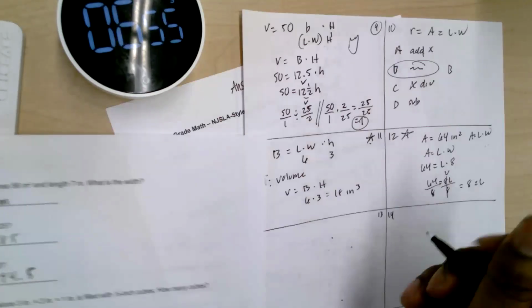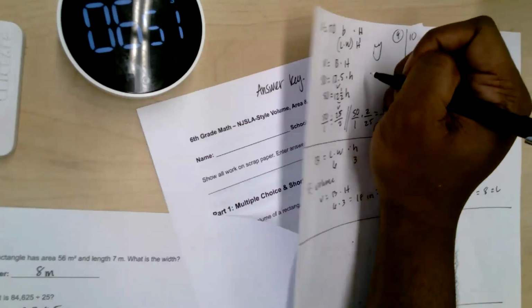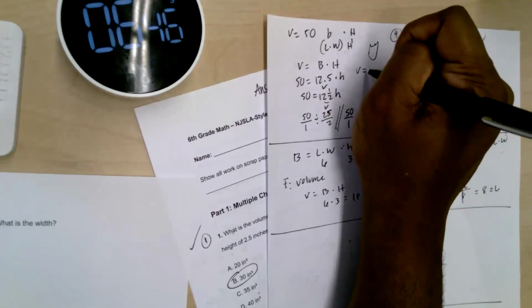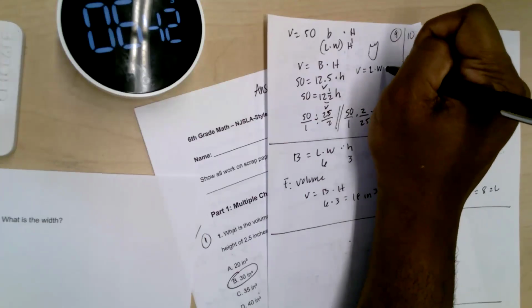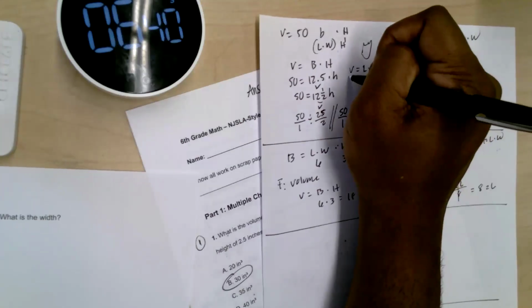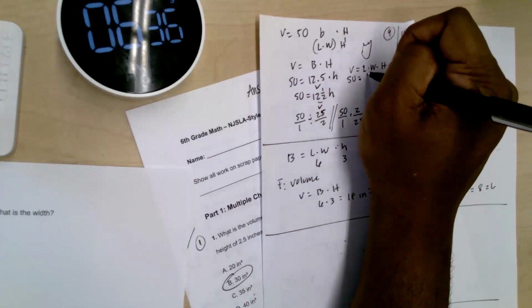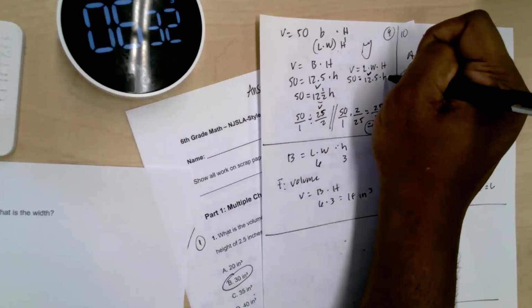So it said 9 had a volume of 50. Volume equals length times width times height. The length and the width, which is the base, is 12.5 times height.